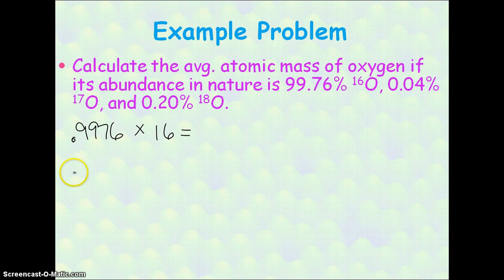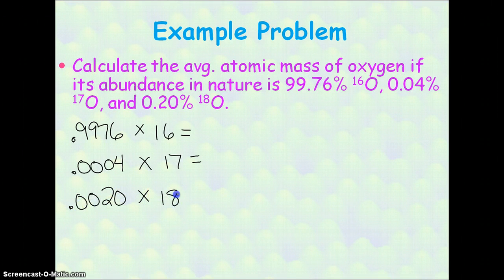Then we have 0.04, so that's going to be 0.0004 times the isotope 17, and then we have 0.0020 times the isotope 18. All right, so this gives us 15. Look at that pen. It's doing some good stuff. All right, and then the next one.